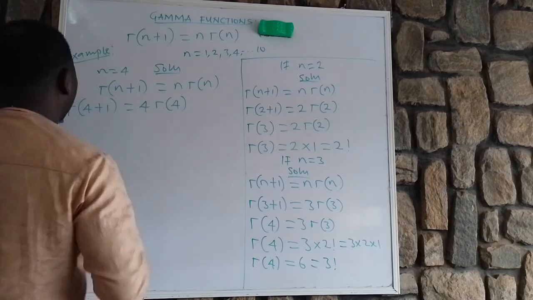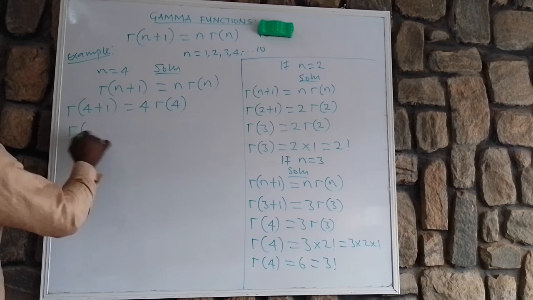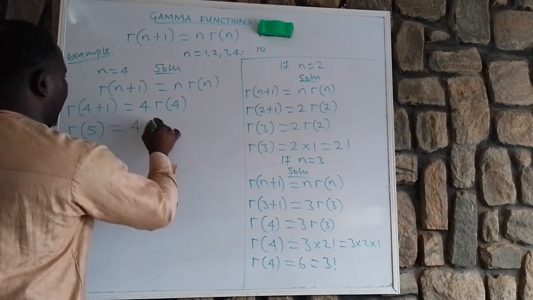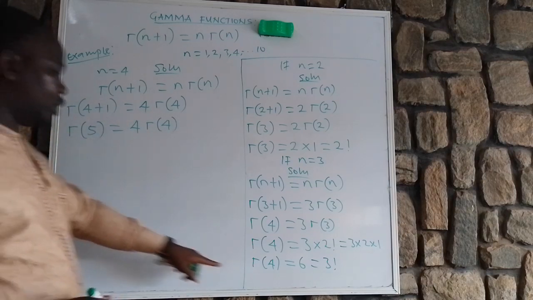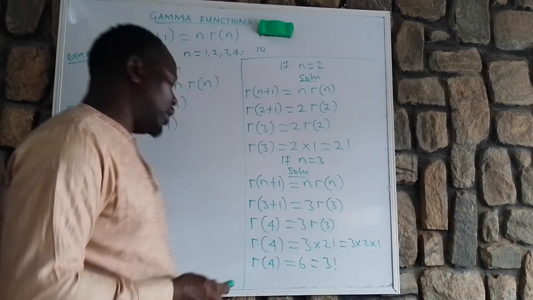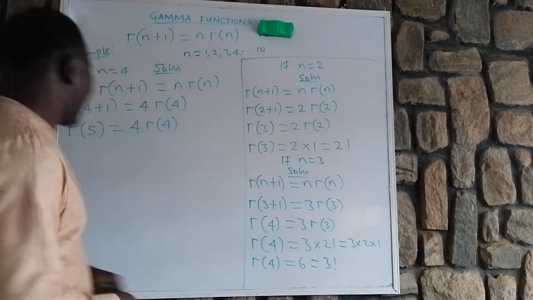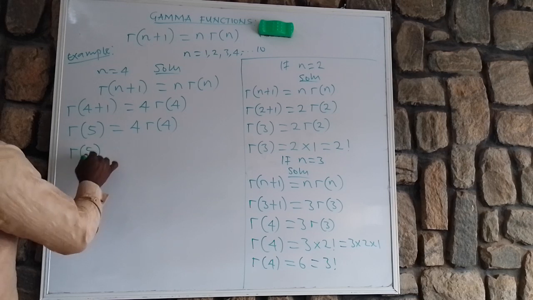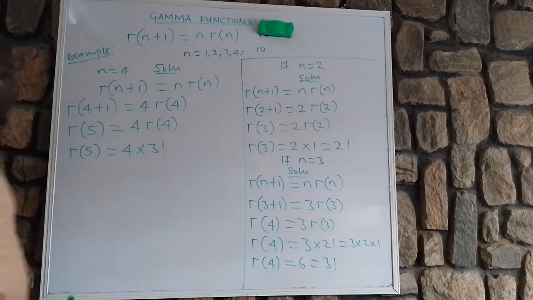Let us add 4 plus 1, it's going to give us gamma of 5, which is equal to 4 gamma of 4. Then we just solved that our gamma of 4 is 3 factorial. So instead of gamma of 4, we are going to write 3 factorial. So our gamma of 5 is equal to 4 times 3 factorial, true or false.